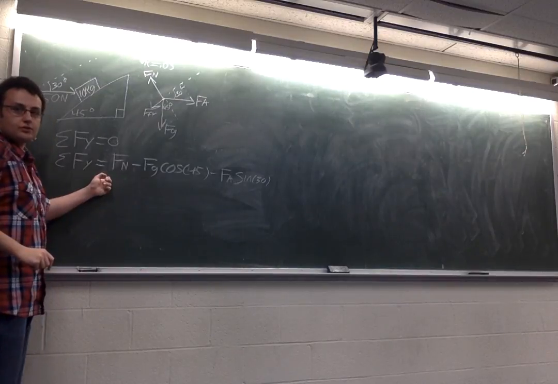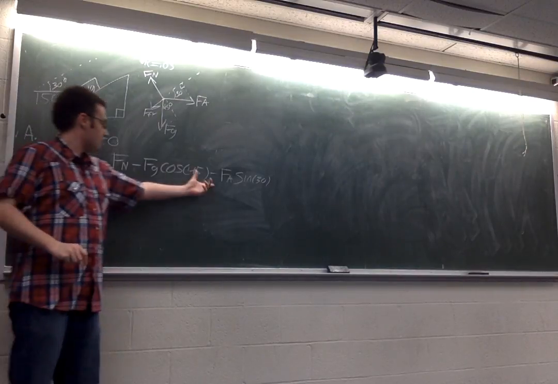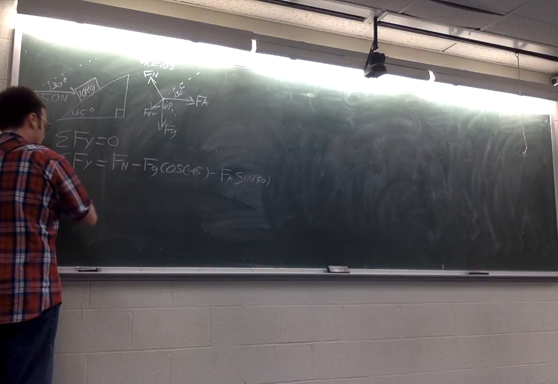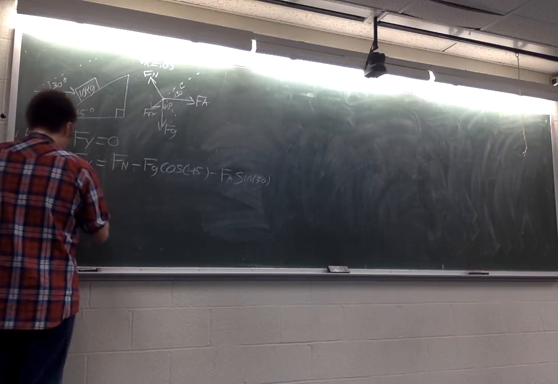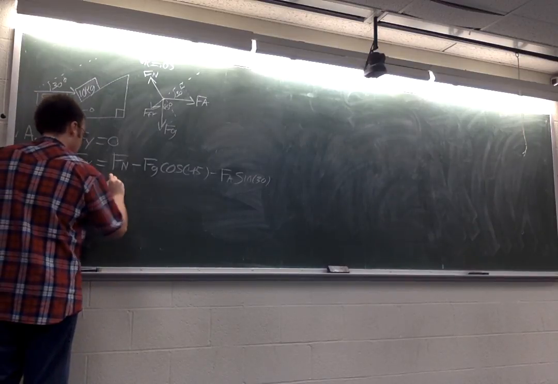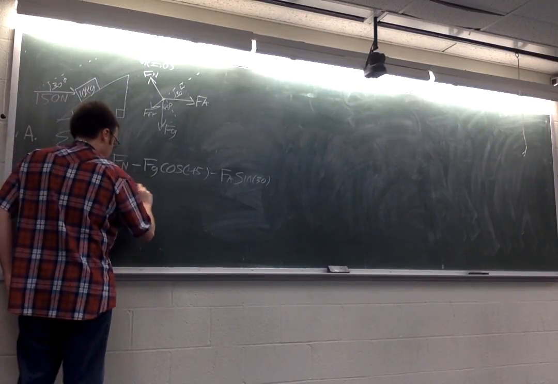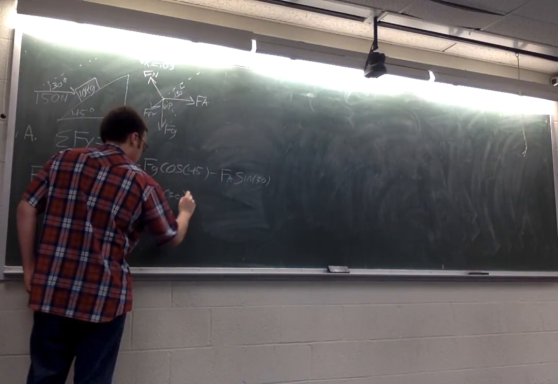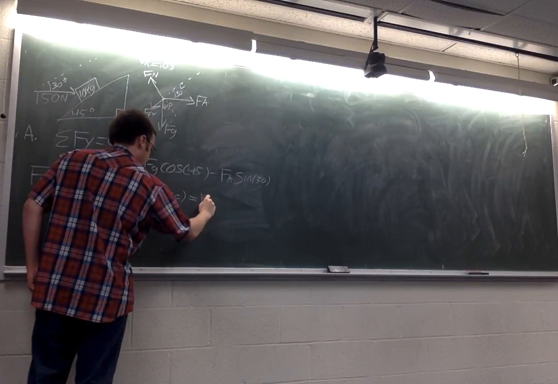We can solve this equation for the normal force by moving these to the other side. So we have the force of gravity cosine 45 plus the force applied sine 30 is equal to the normal force.